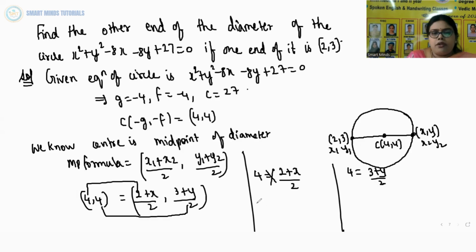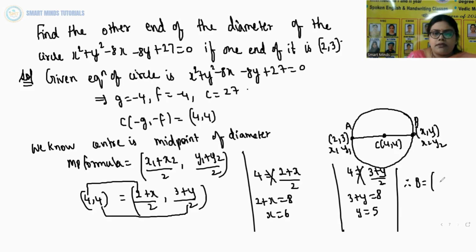Cross multiply: 2 plus x is equal to 8, so x is equal to 6. Here you cross multiply: 3 plus y is equal to 8, so y is equal to 5. Therefore, what is the other end? Suppose this end is A and this end is B. So B is 6 comma 5. So you can say the other end of the diameter is 6 comma 5.